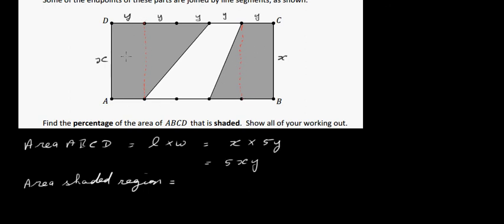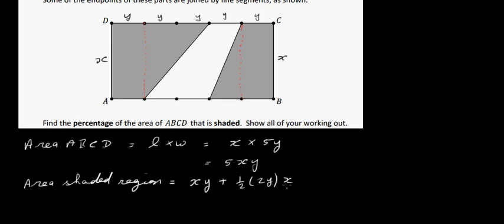This rectangle here is going to be x times y, or just xy. This area here is going to be half the base times the height. So that's going to be half, the base here is 2y, and the height here, this distance here, remember, is x.